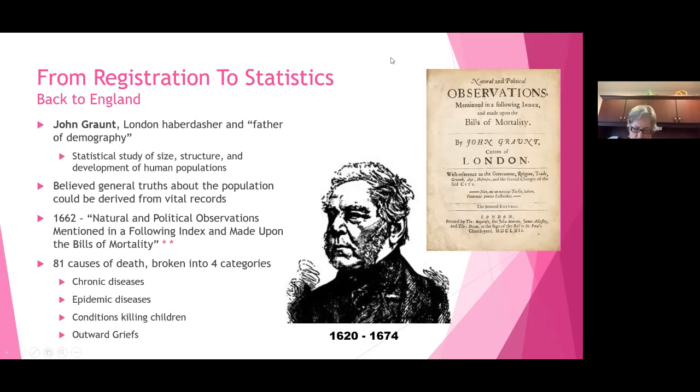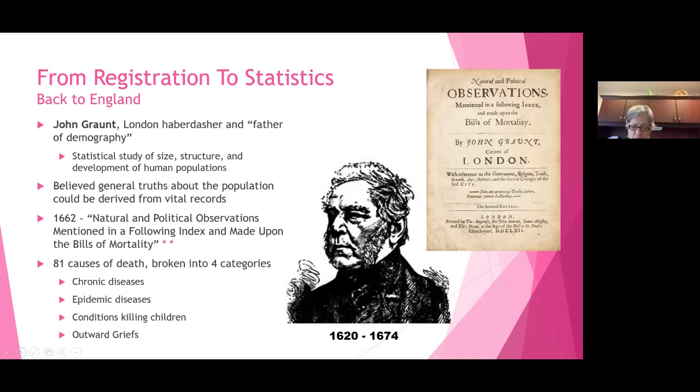So in 1662, he published this, what you can see on the right. He used the bills of mortality that the London parishes had been collecting since 1532, and he created a list of 81 causes of death broken into 4 categories: chronic diseases, epidemic diseases, conditions killing children, and outward griefs, which are just injuries.